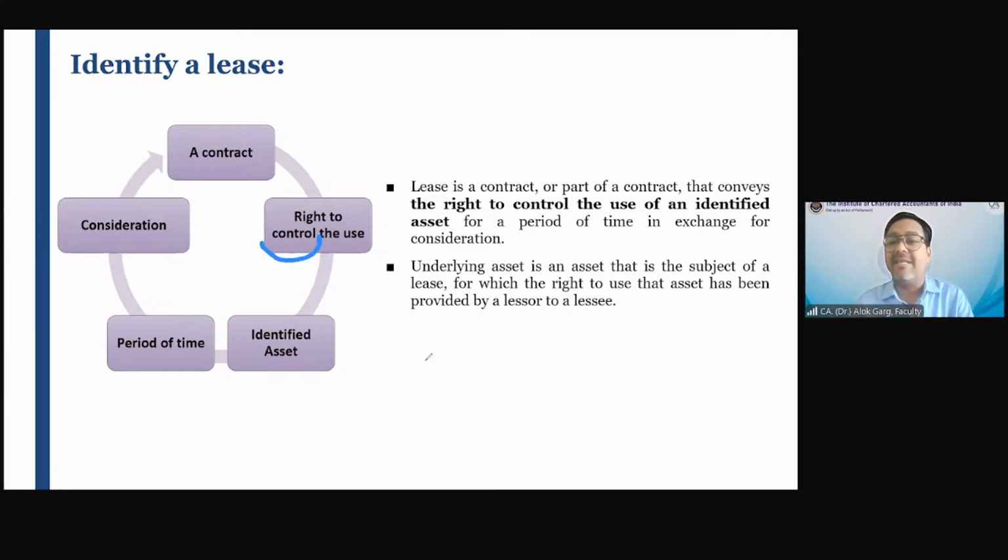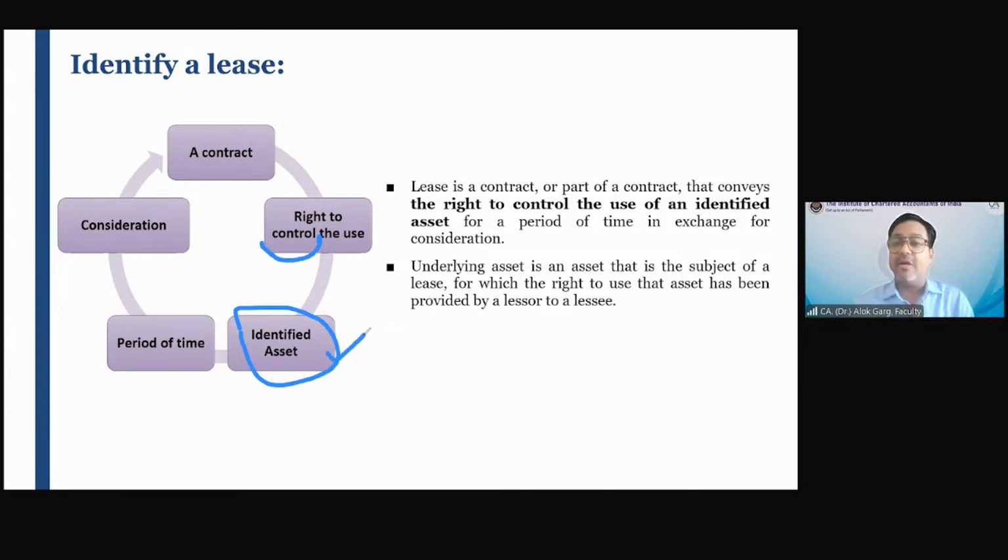Friends, in AS 19, the wording was that lease is a contract where there is a right to use of an asset. But in Ind AS 116, the wording is right to control the use of an identified asset. So right to use has been converted to right to control the use, and asset has been converted to identified asset in Ind AS.